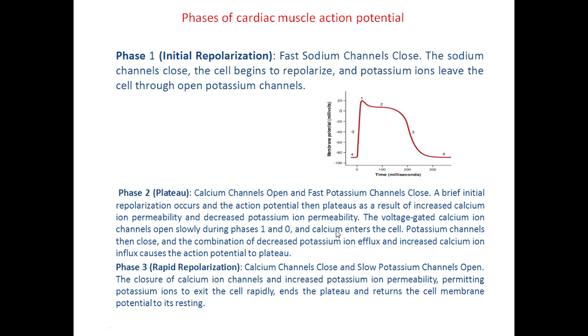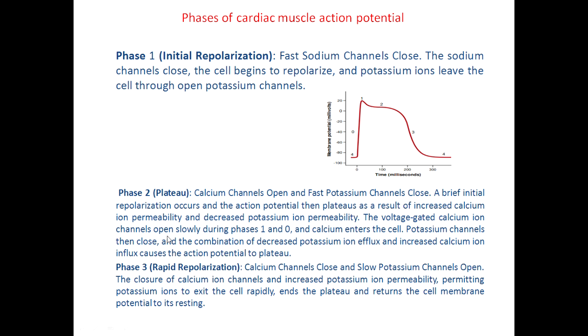If we see here, calcium channels open and fast potassium channels close. In initial repolarization, potassium ions are leaving the cell, but during the plateau, calcium channels will open and fast potassium channels will close. So there is no further leaving of potassium from the cell.